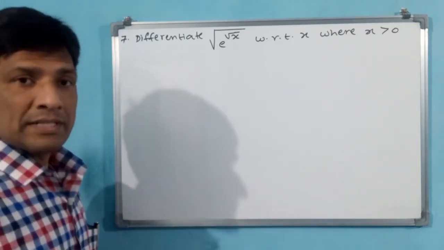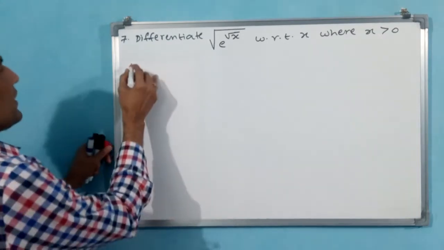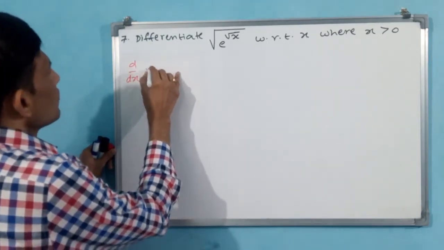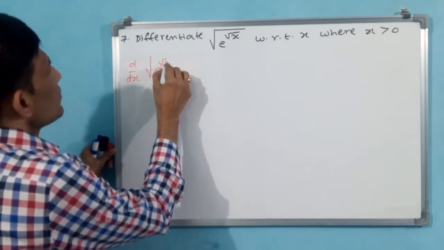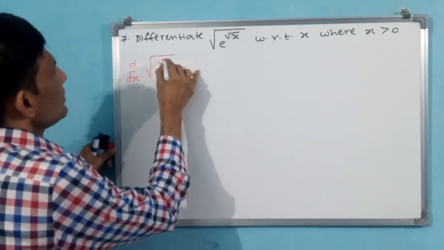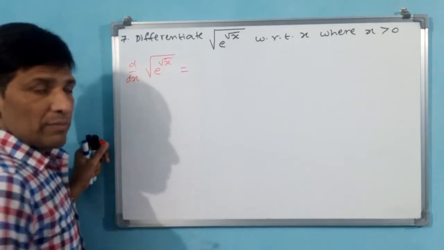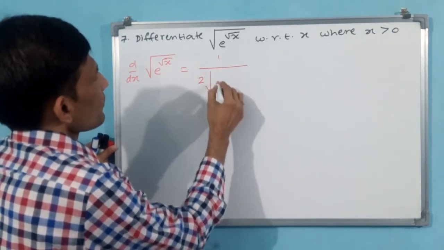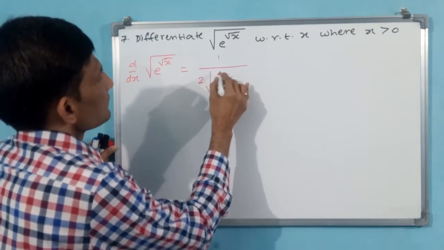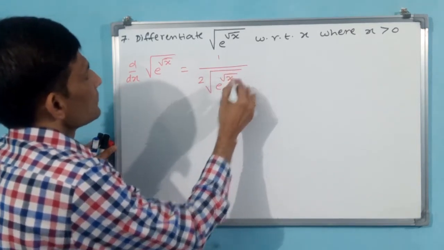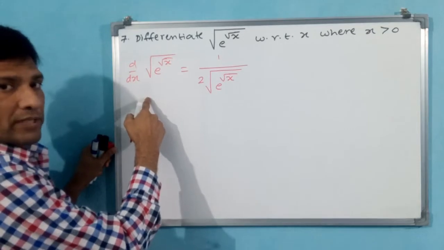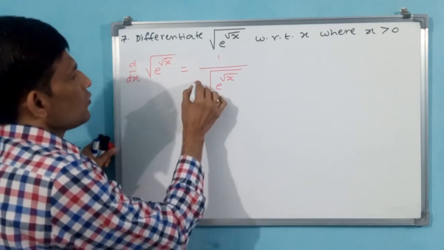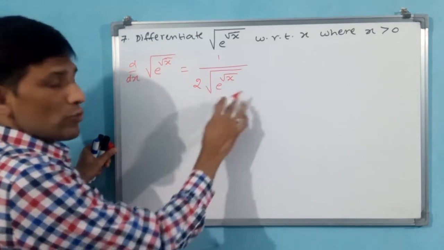d/dx of √x is 1/(2√x). Okay, write down. d/dx of the square root of e^(√x) is equal to 1/(2√(e^(√x))), this I will take as root of the whole thing. d/dx of √x is 1/(2√x).